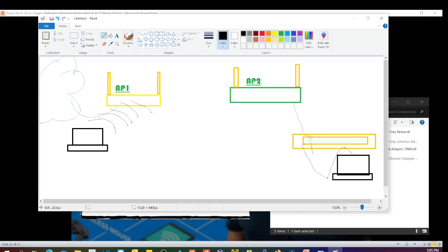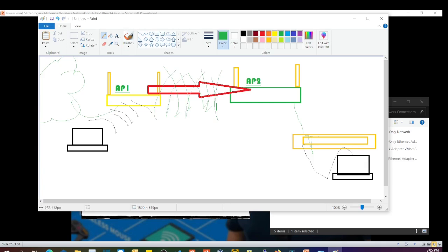If I want to configure a bridge, remember that. This is very important. If I want to configure a bridge between these two devices, whatever signal is going back and forth between these two devices is only for bridge.